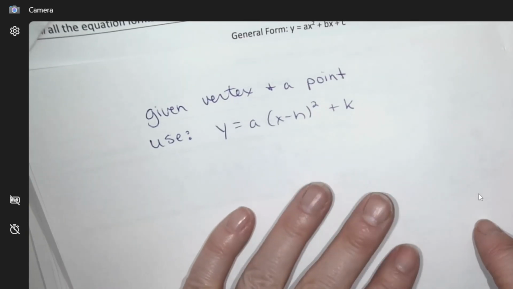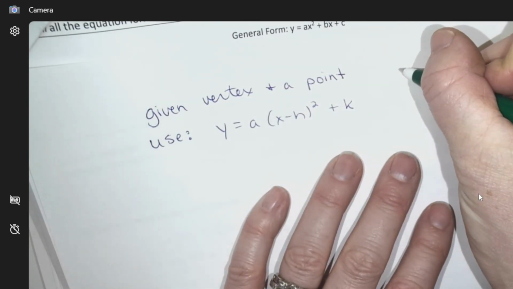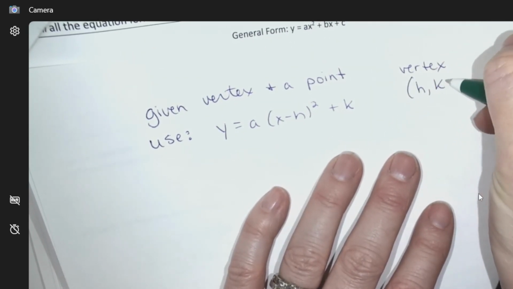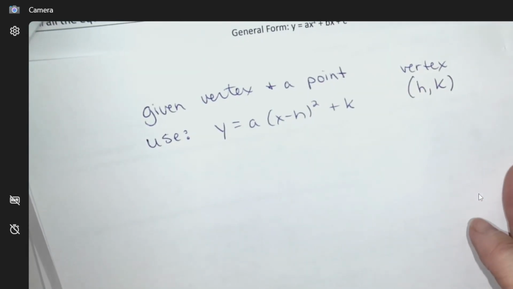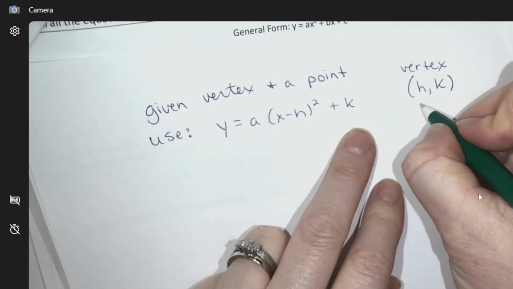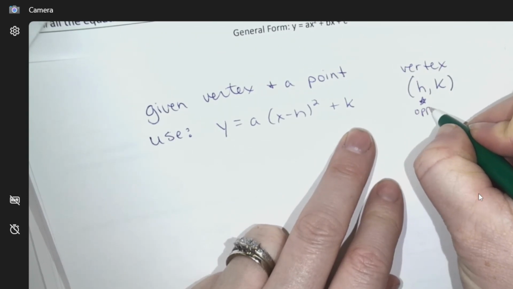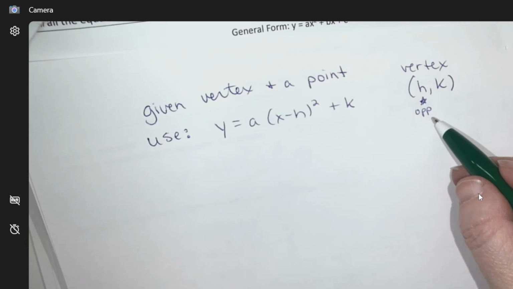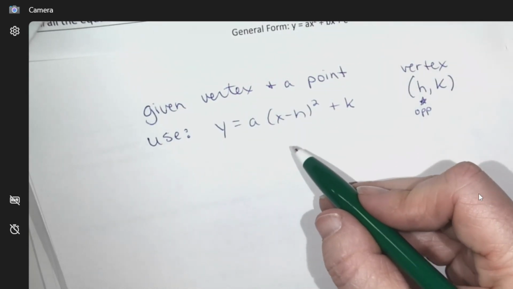I would tell myself the vertex is where the H and the K come from. I would kind of make a note that I should put in whatever this is. I should go to the opposite in my equation.